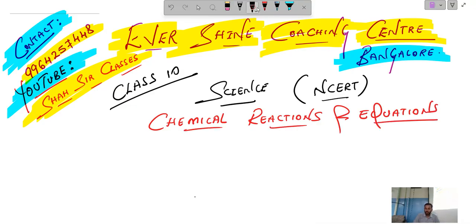Observe students, from this chapter, which types of questions will appear, which may appear, and which have already appeared. We'll see both sides. Before going to that, first let us simplify the entire syllabus given in the textbook: from which exercise, from which paragraph, which type of question can be extracted. That we will understand first.